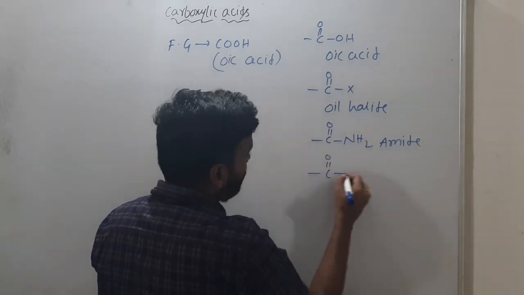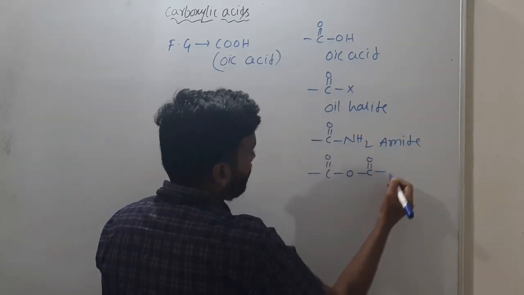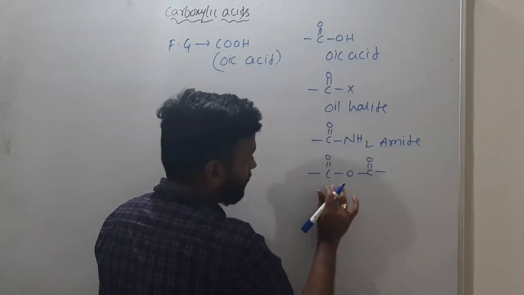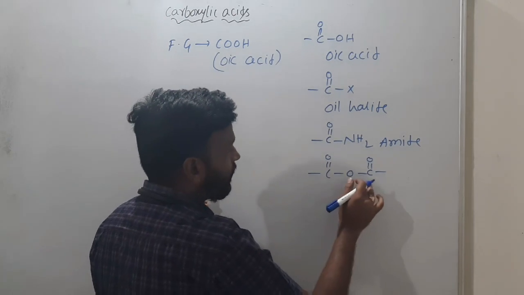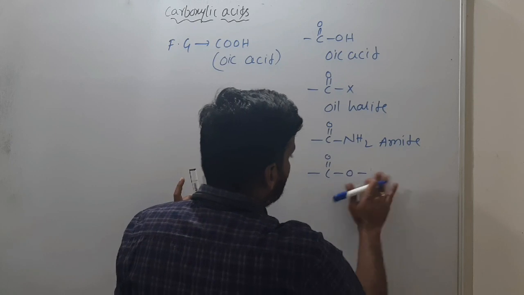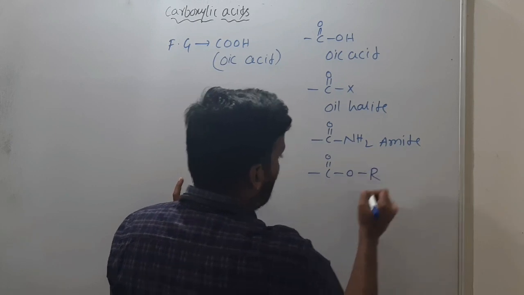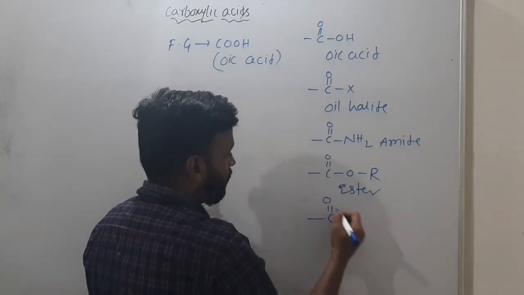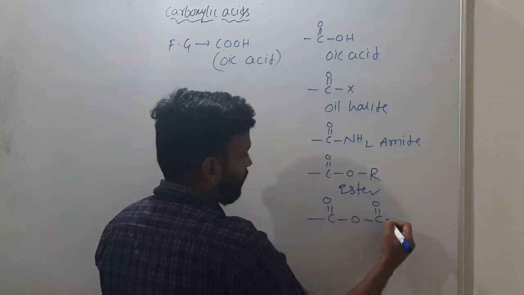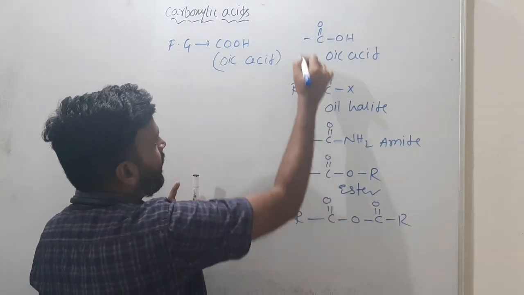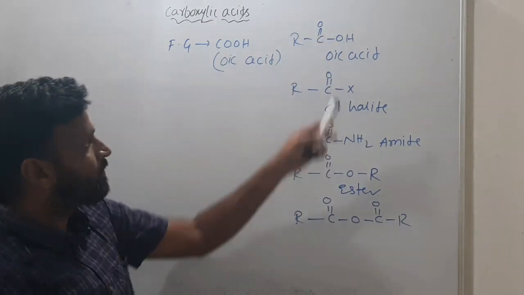C double bond O with OR, what is this? Ester. And C double bond O with C double bond O and R, like this given. What is R here? R means alkyl groups.